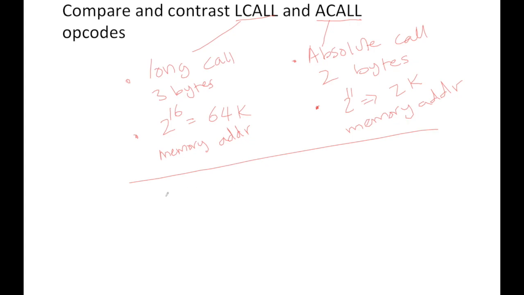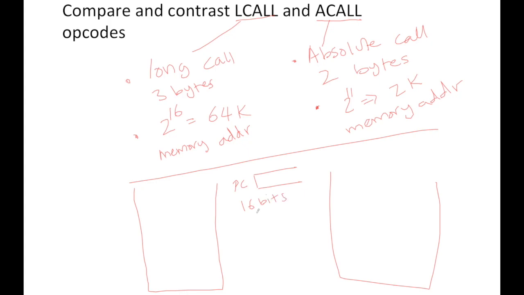Now, is there any similarity? So both ACALL and LCALL are subroutine calls, and being subroutine calls, both of them will require the stack to store the program counter. Now remember, our program counter is 16 bits wide, and therefore it requires 2 bytes of storage space in our stack. The lower bits of the return address go first, followed by the upper bits.